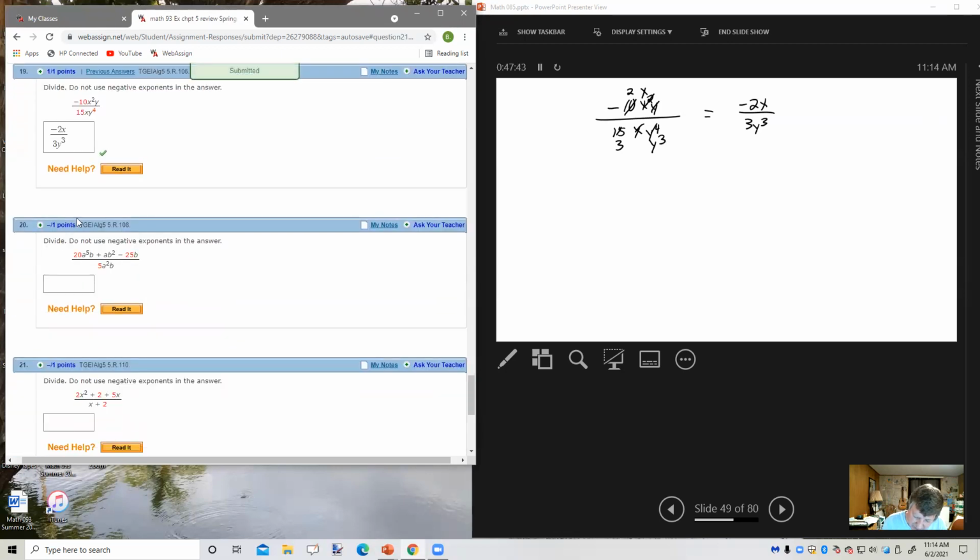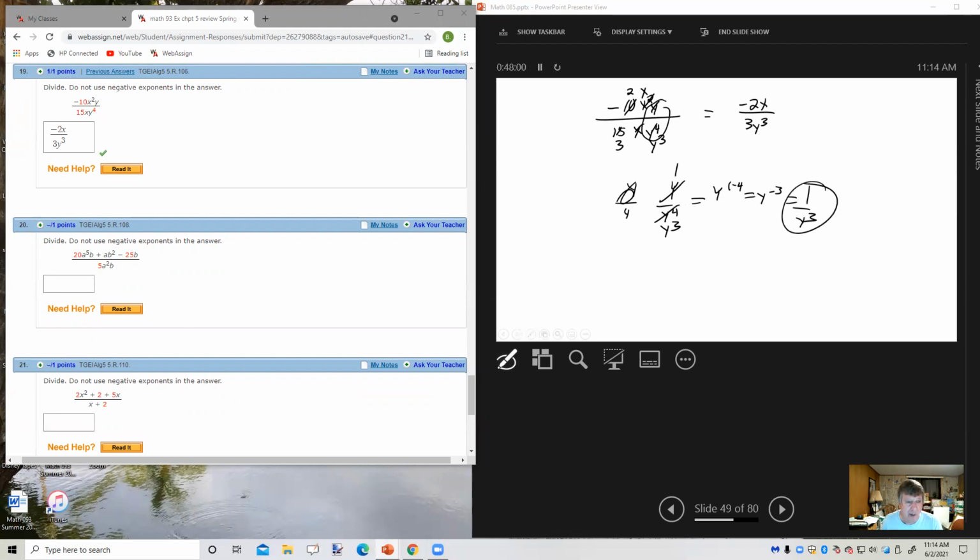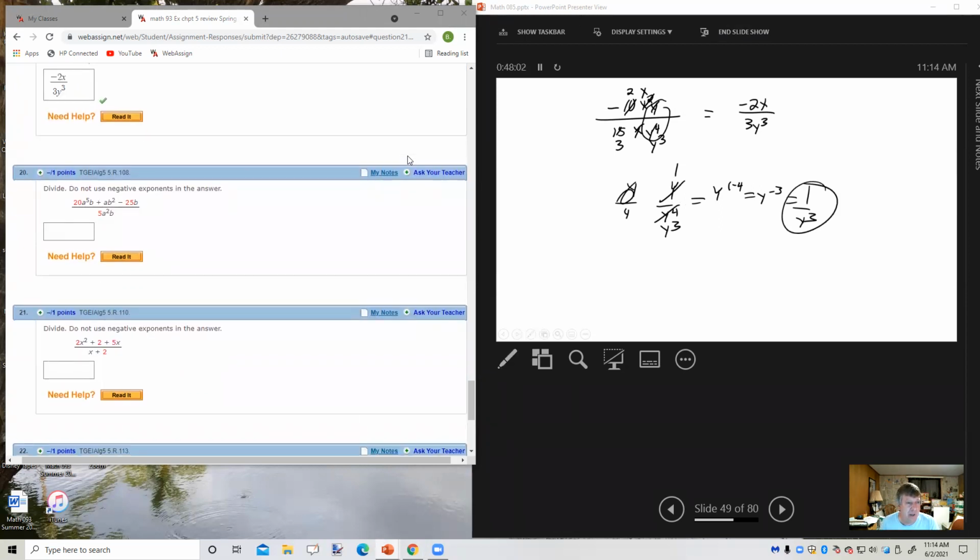Recall looking at this piece right here, if you have y over y to the 4th, that's y to the 1 minus 4, which is y to the negative 3, which is 1 over y cubed. Or you can take one y out of the top and one y out of the bottom to arrive there as well. Okay.